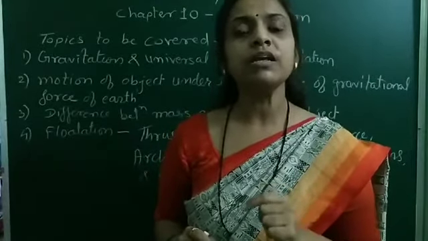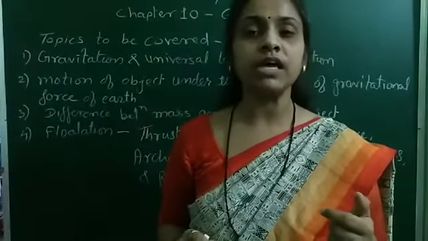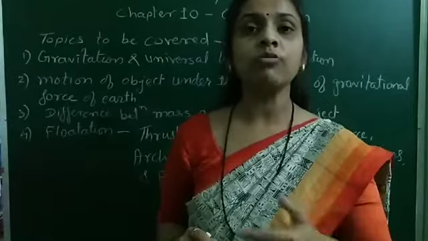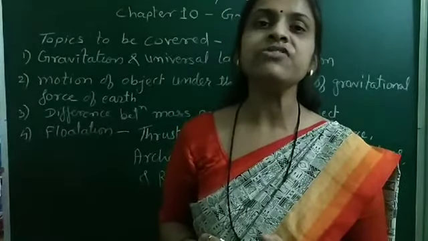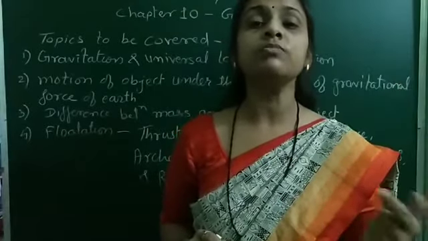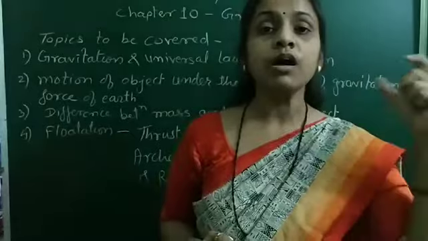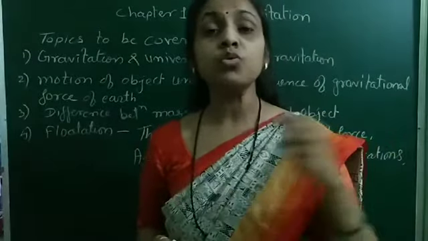So similarly we can say that the moon revolving around the earth, or the planets revolving around the sun, is because of the centripetal force. It means that there is a force between the earth and the moon. So who exerts the force?